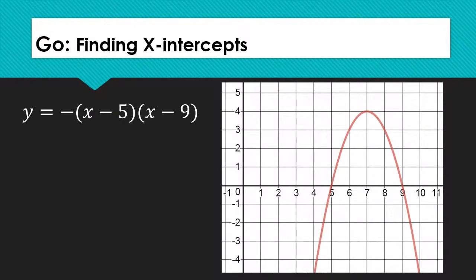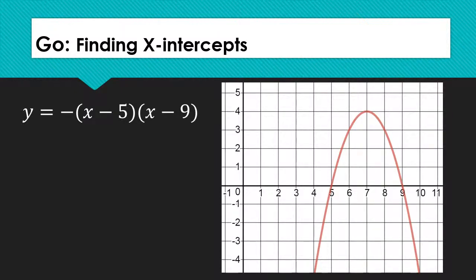In the Go section, we're finding the x-intercepts. These are the ordered pairs that represent where the function crosses the x-axis. We know that the y values for all x-intercepts must be 0.